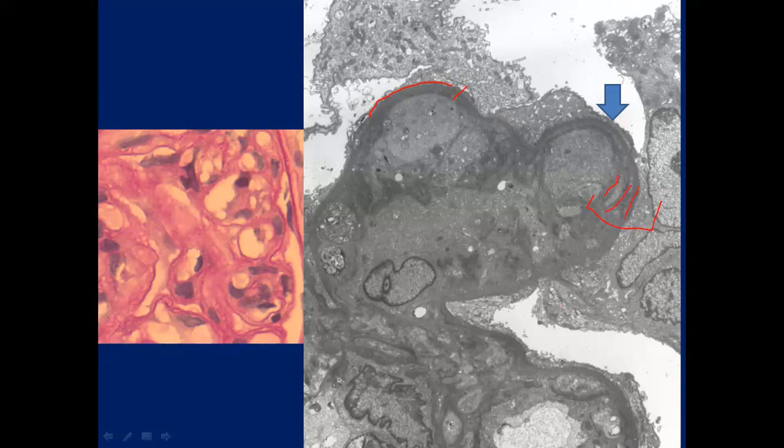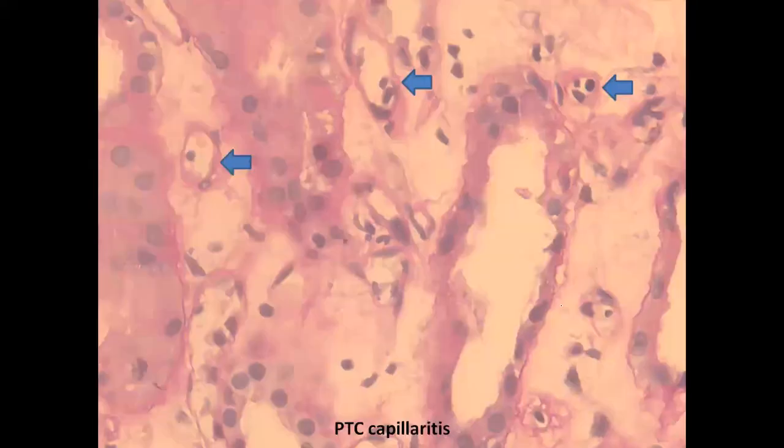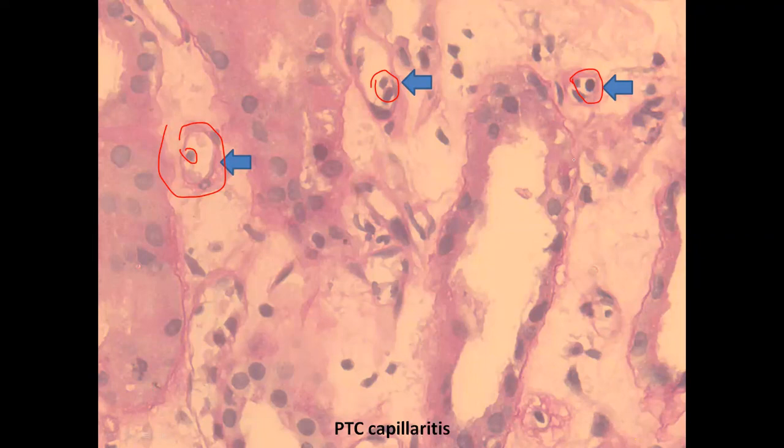GBM multilamellation or multilayering is more consistent with a chronic antibody-mediated process. If you look at PTCs, just see this PTC, which is showing one lymphocyte here. This PTC is showing two lymphocytes here. This PTC is showing three lymphocytes here. And if you look at the thickness of the PTC, at places it is more than the thickness of the tubular basement membrane.